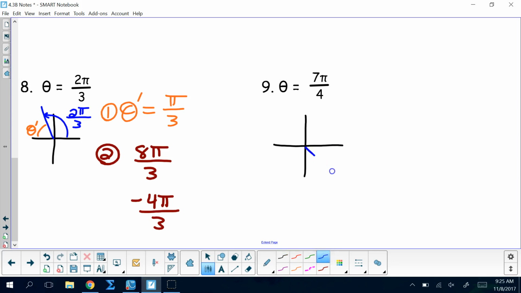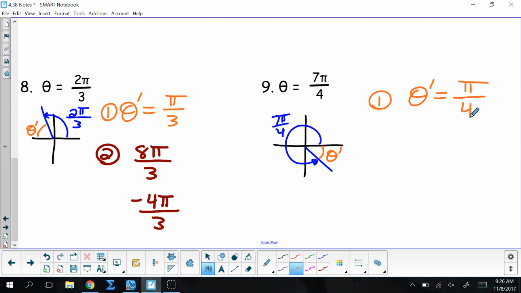Seven pi over 4 is down here. So there is my theta, which leaves me with theta prime, or my reference angle, right there. So I need to get to 2 pi now because I'm in quadrant number 4. So my reference angle is going to be pi over 4.